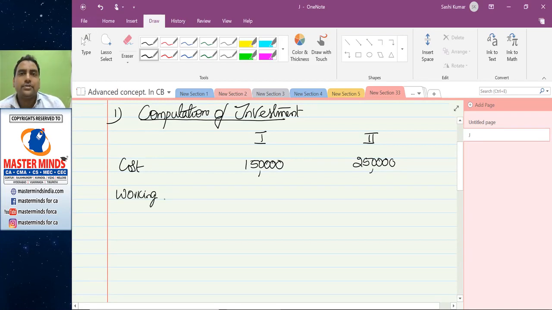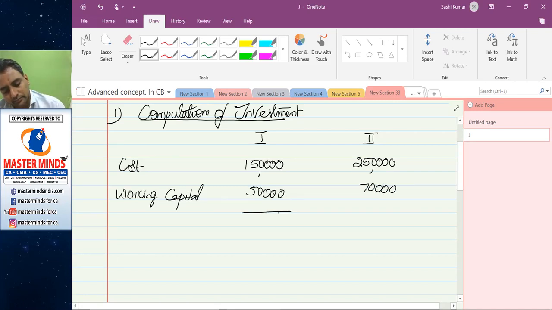There are no installation expenses, training cost, subsidy, etc. Hence they are not adjusted here, but there is working capital 50,000 and 70,000. What is the total investment? 2 lakhs, 3,20,000.